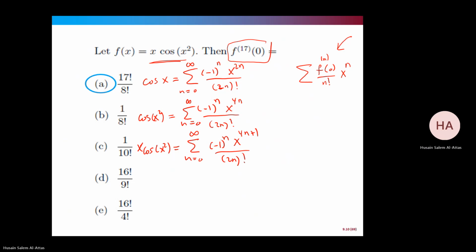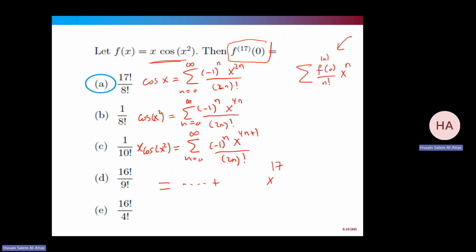Okay, so what will be this? f of 17 at 0? Or let me do it the other way. If I open this and I want the power 17, x to the power 17, something, something, plus x to the power 17.